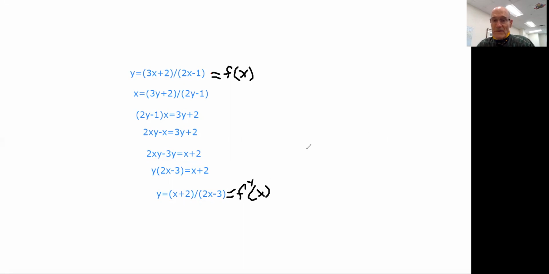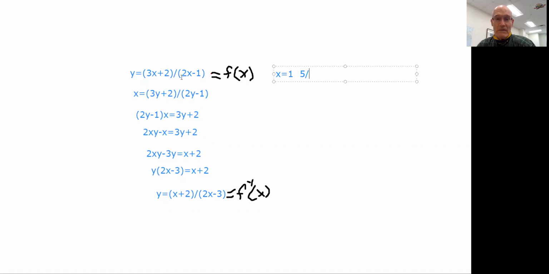If you were to graph these two functions, you would see that they are symmetric about the y-axis. So for instance, if we come up here to this function and let x equals 1, then we would get, in the top, 3 times 1 plus 2, so we would get 5 on the top.